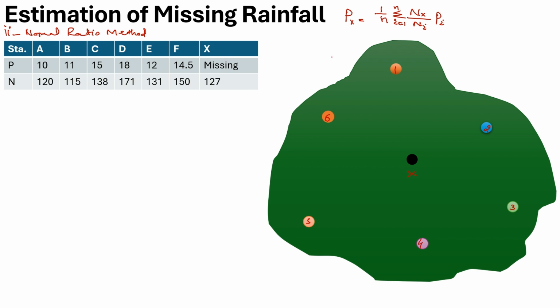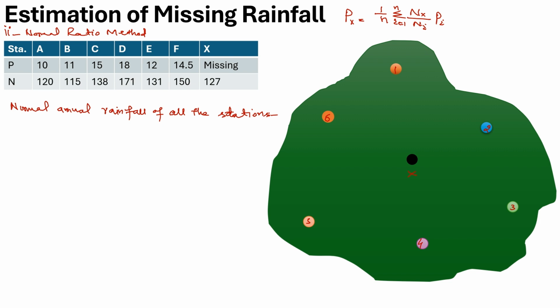So if we know the data of the six stations and we want to estimate the data of another unknown station, we can simply use the normal annual rainfall of all the stations including X. So we'll use the normal annual rainfall of all the stations to estimate the missing data.